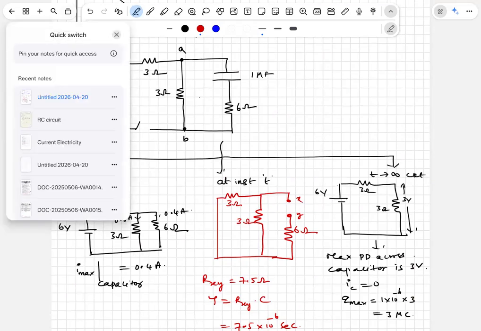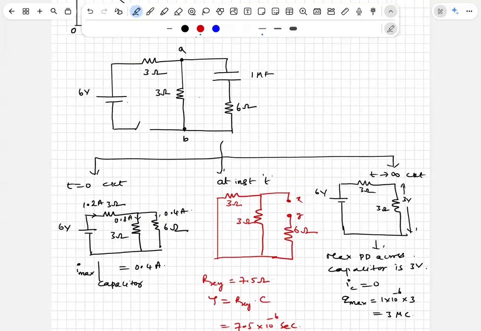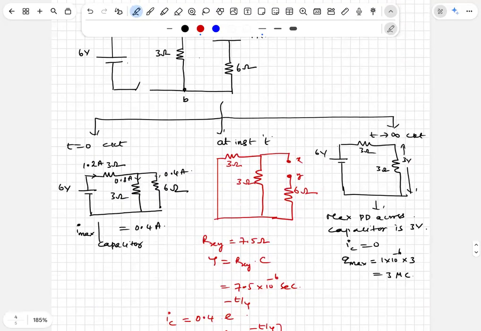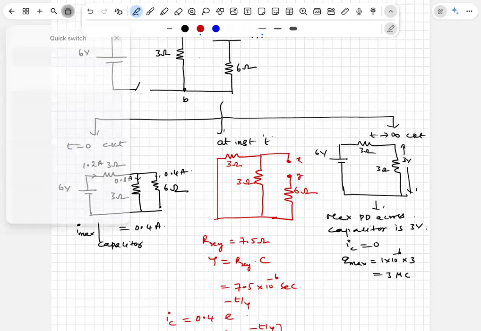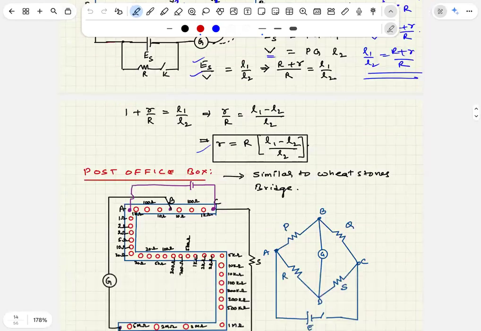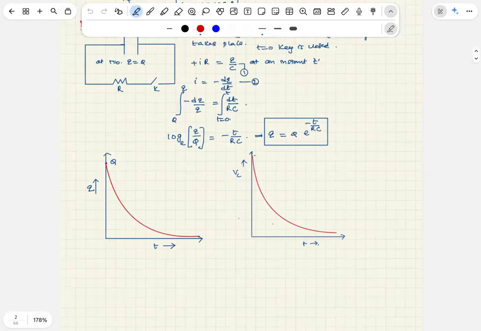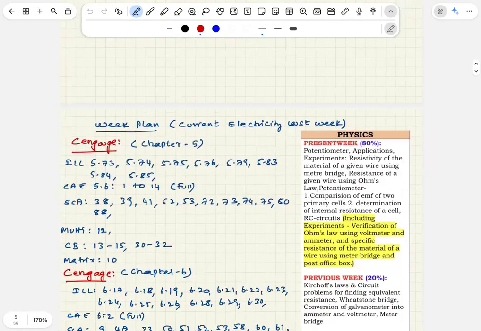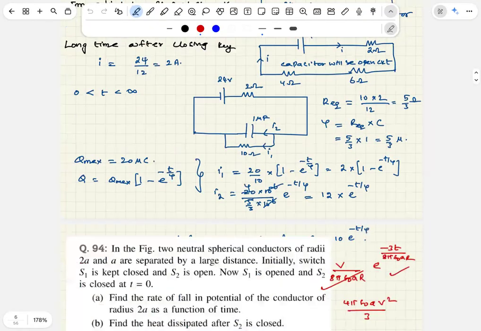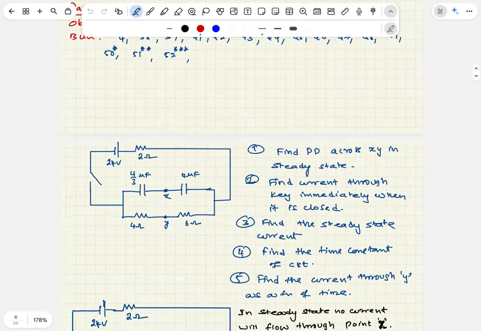Yes, yes. Thevenin's type, looks like Thevenin's only, right?